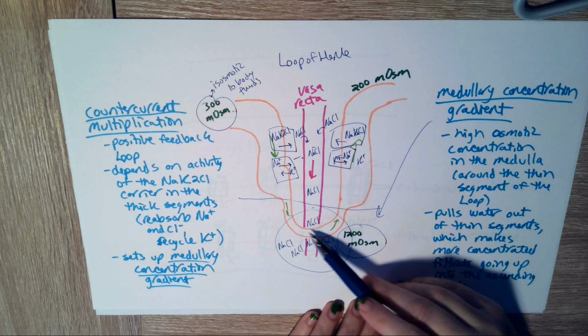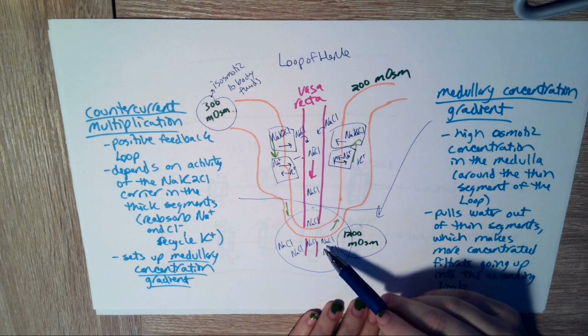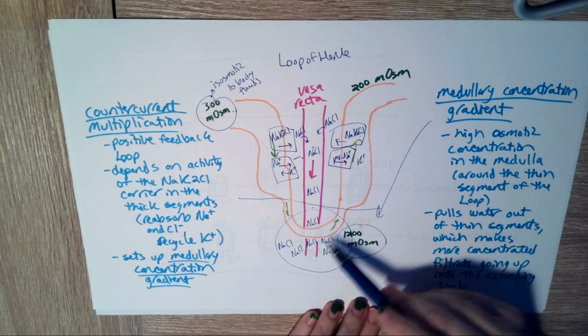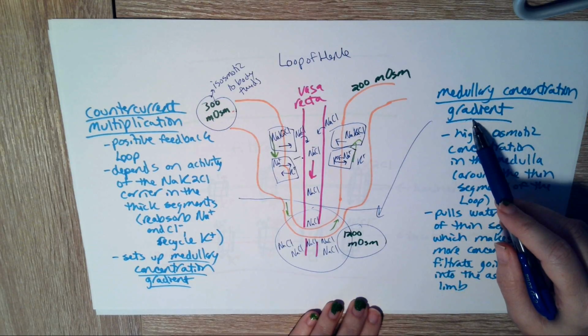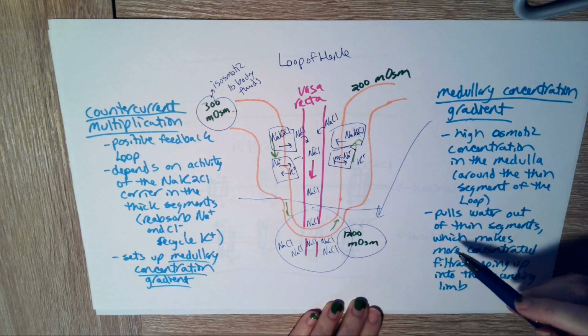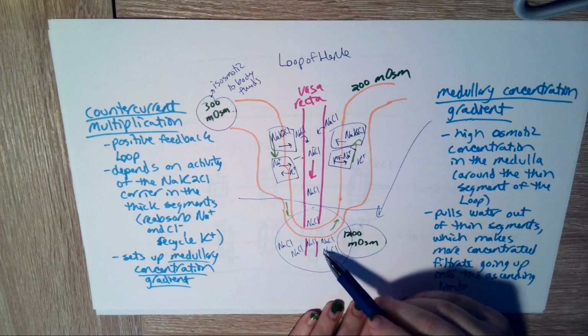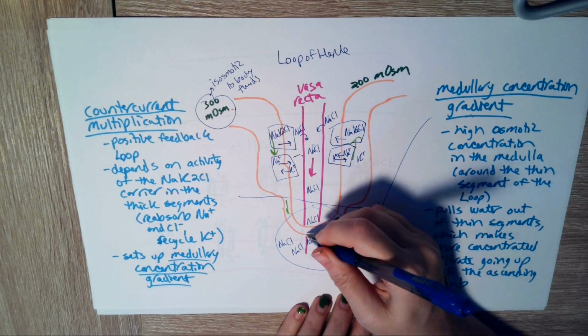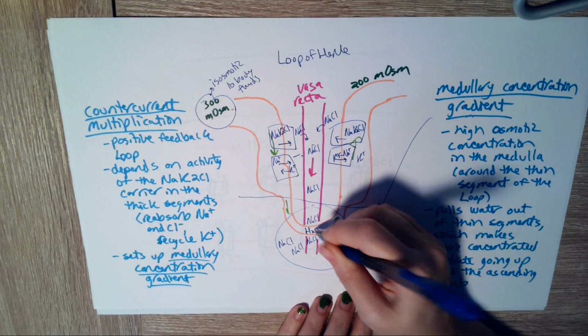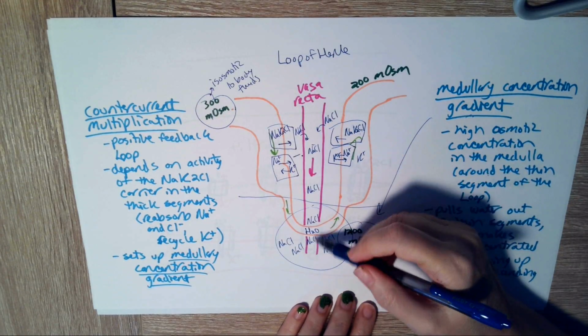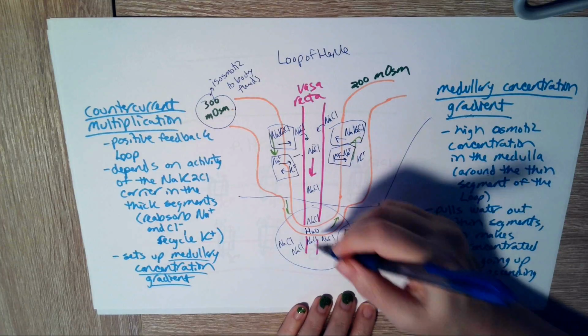So it's really, really salty around that thin segment in the loop of Henle. That's the medullary concentration gradient. Now, what that does is it pulls water right out of the thin segment, because we remember that only water can move across the simple squamous epithelium here.